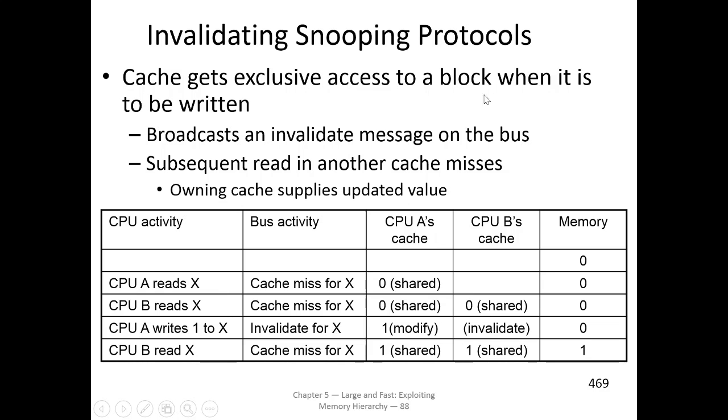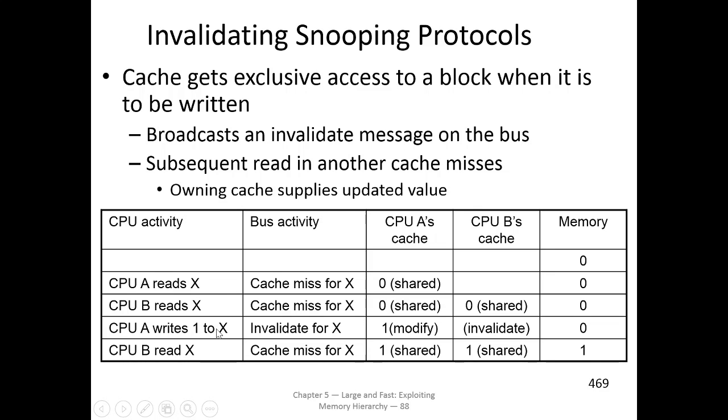Here are some issues when it comes to invalidating snooping protocols. Some of the challenges, for example: CPU A reads X, so the bus activity is a cache miss for X, so 0 is shared. CPU B reads X, cache miss for X, so 0 is shared.